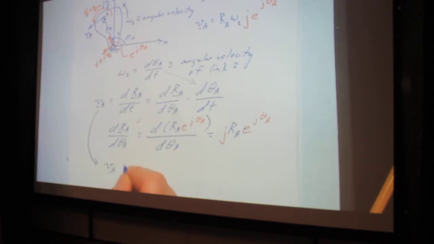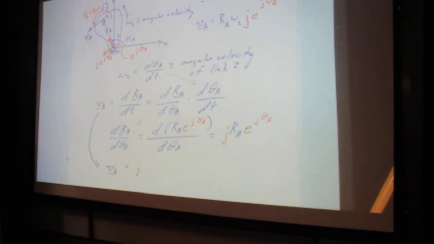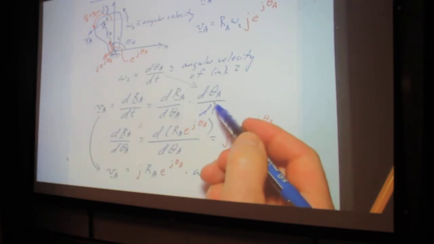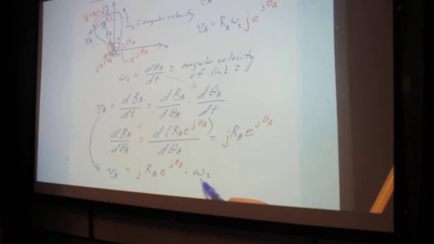So the velocity of A equals j RA e to the j theta A, and I'm going to multiply this times omega 2, because this part here is your omega 2.